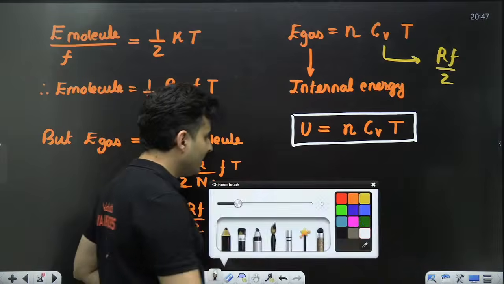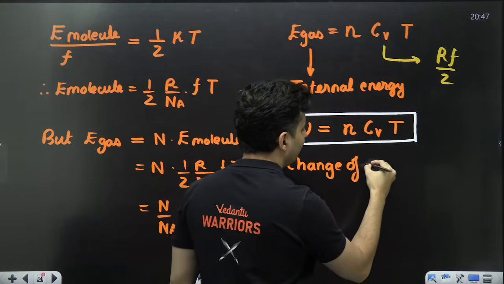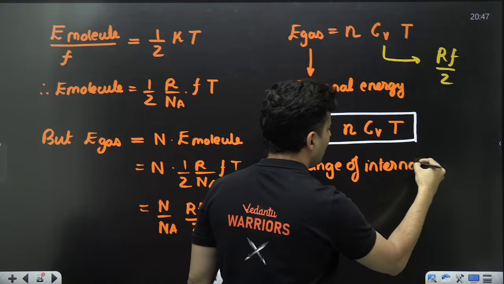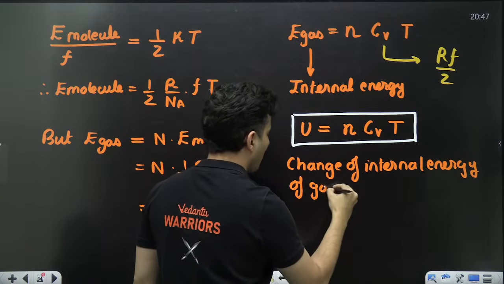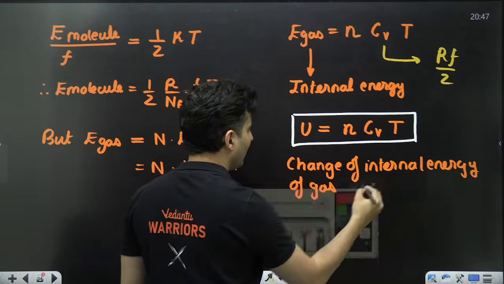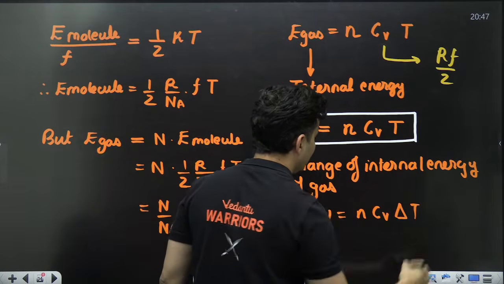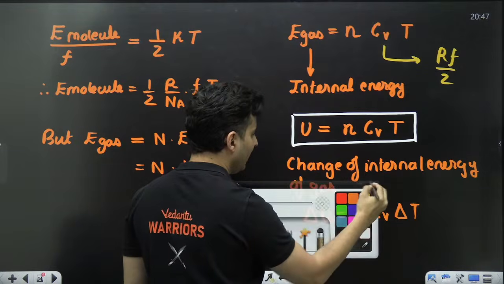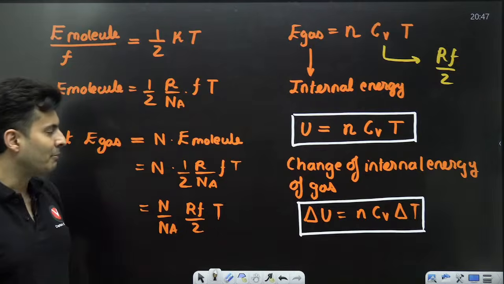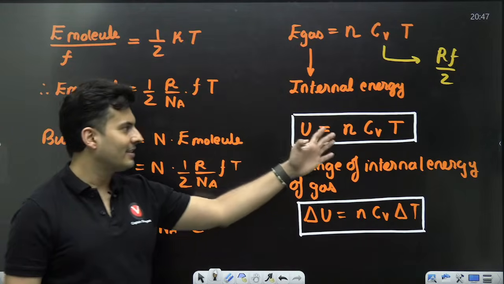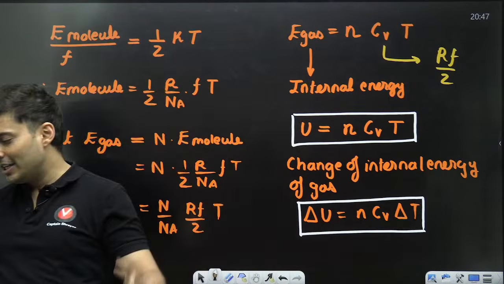And if I find the change of the internal energy of the gas, that value will be delta U, which is nCv into the change in temperature. That's all. nCv delta T. Very, very, very important. U, energy of the gas, is nCvT. Delta U, change in the energy of the gas, is nCv delta T.